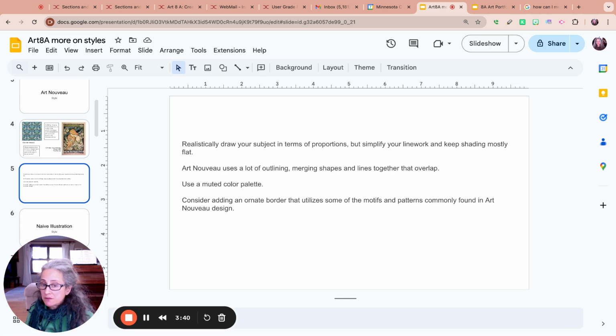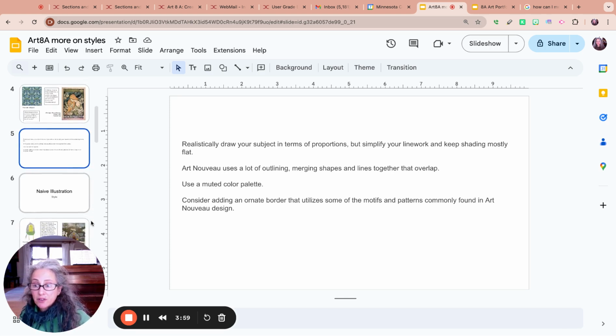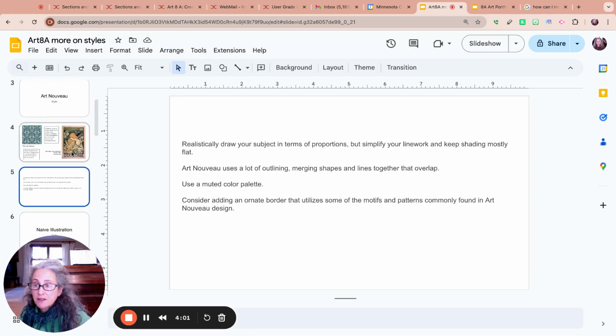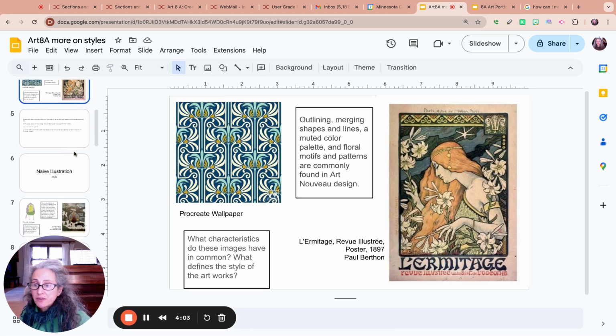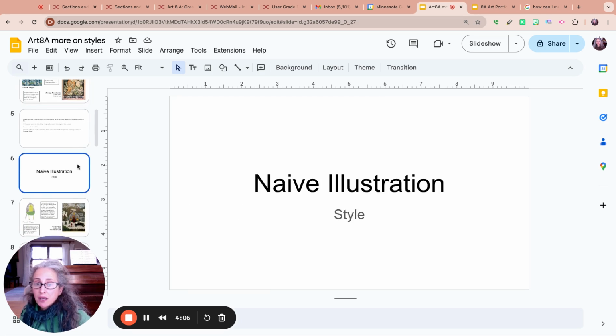I outline it, emphasize the merging shapes and lines and overlapping, and choose a simple muted color palette. Outline it and color with marker in a very flat graphic way. So if you are interested in doing something in the Art Nouveau style, you might refer to that video.